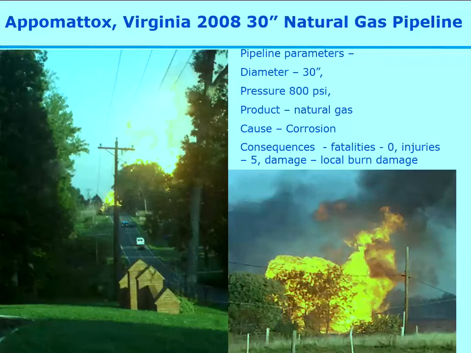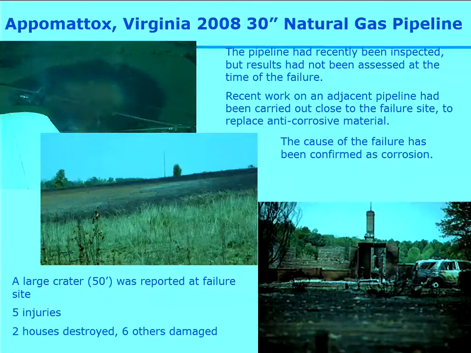However, the other two pipelines had been remediated. They knew there was a problem with the coating. The pipelines were fairly hot as they came out of the compressor station, and so they'd done work to remediate the coating on the other two pipelines. They actually thought this pipeline was not as serious, and then it failed.